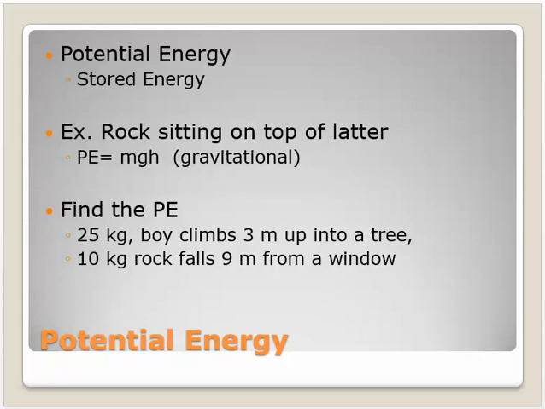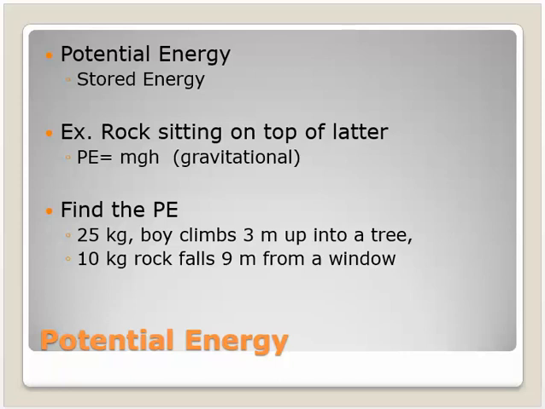Okay, the last energy I want to talk about today is potential energy. All right, potential energy is stored energy. A rock sitting at the top of a ladder or sitting at the top of a hill has potential energy. Specifically talking, it's gravitational potential energy, because gravity's pulling on it.